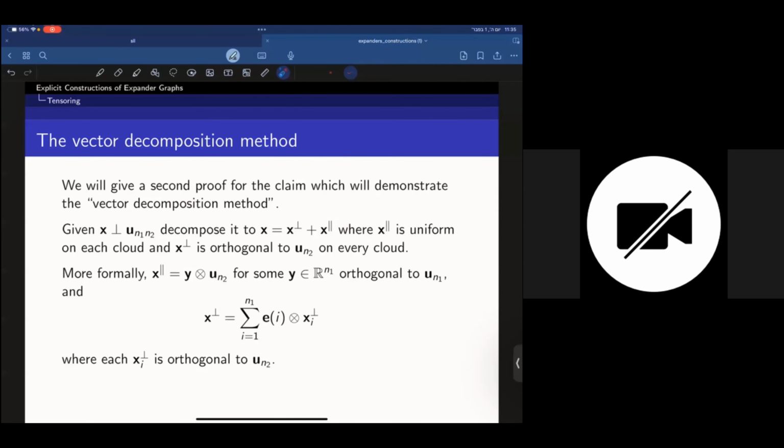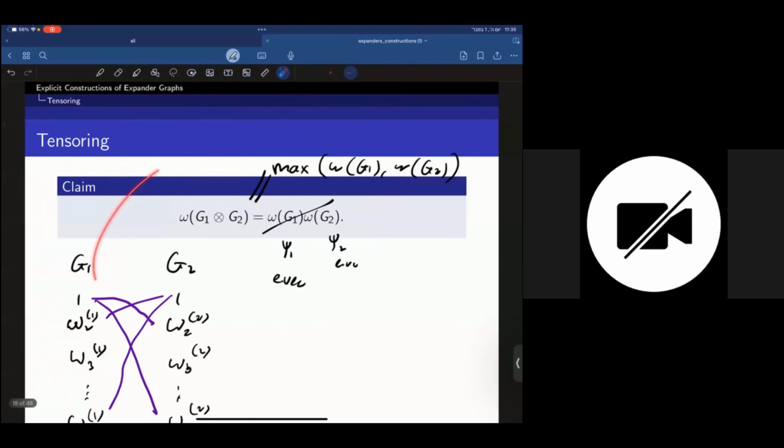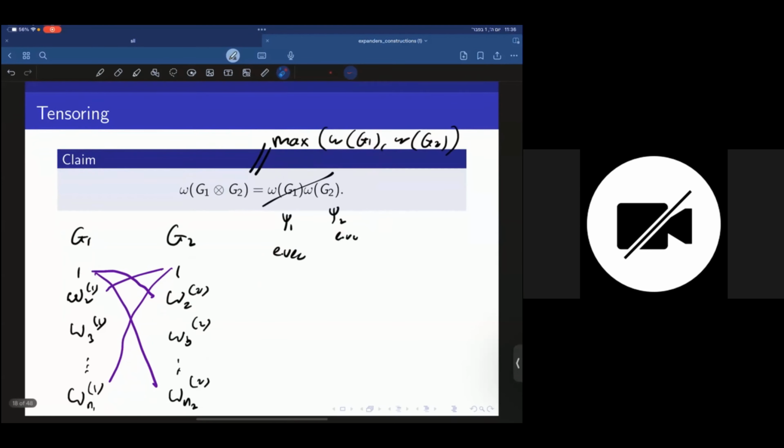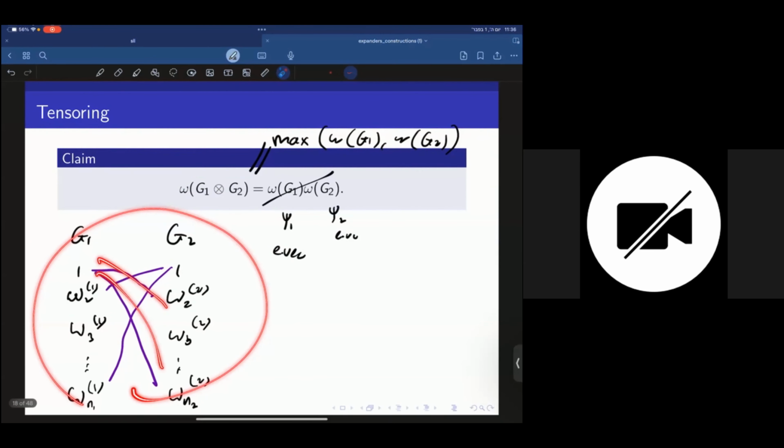So good. So what do we need to do? We need to take any x that's orthogonal to that. This is an eigenvector of eigenvalue 1, because again, I'm using part of what we proved here, right? I'm using that fact without doing the purple edges. I'm using the fact that I know the eigenvalues and eigenvectors, and somehow I don't want to conclude anything about omega from that.